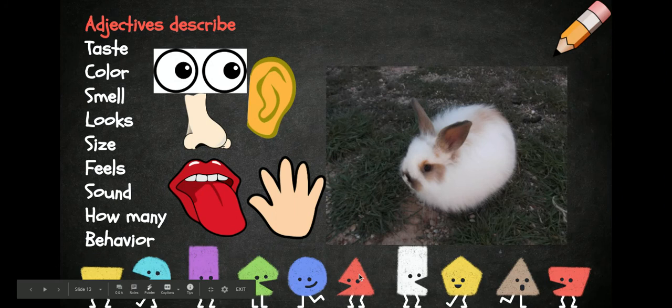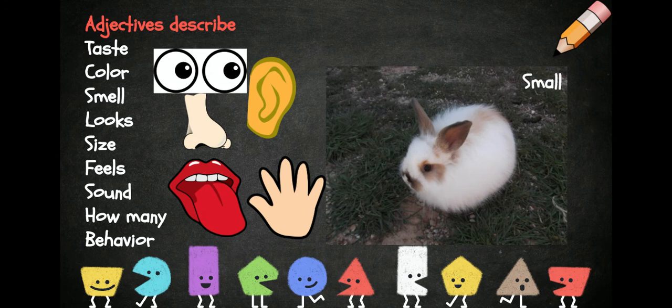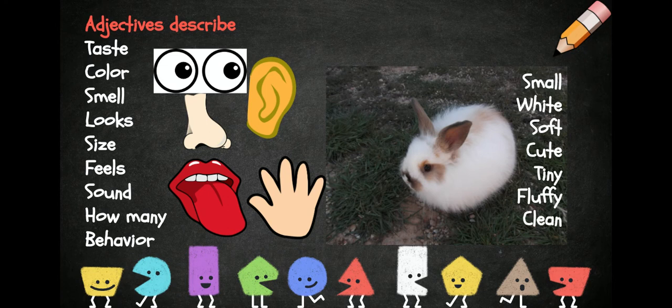If I'm looking at this picture of a bunny, I can use my five senses to describe the bunny. And I could say that this bunny is small, it's white, it's soft, it's cute, it's tiny, it's fluffy, and it's clean. All of these are adjectives that I can use to describe the bunny.